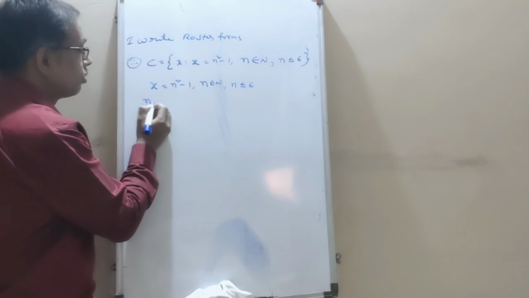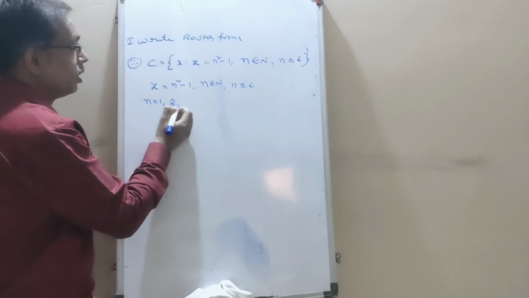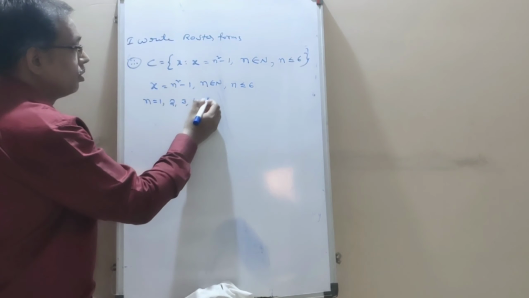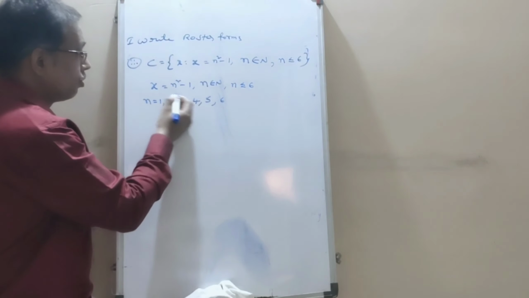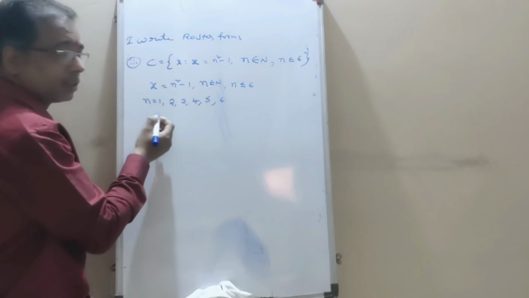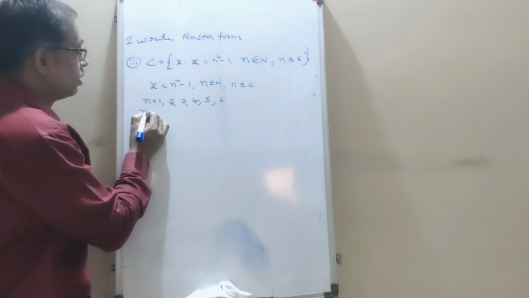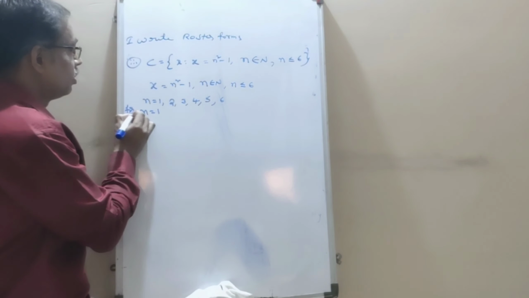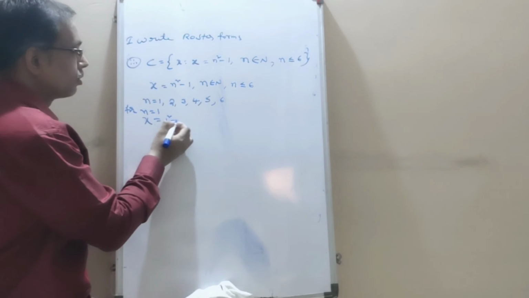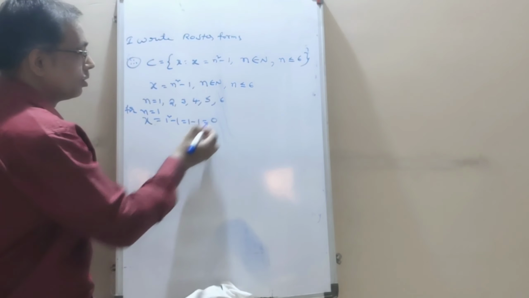That means we have to write n is equal to 1, 2, 3, 4, 5 and 6. At these values we have to find all x values represented by n square minus 1. First n is equal to 1: x is 1 square minus 1, 1 minus 1, 0.